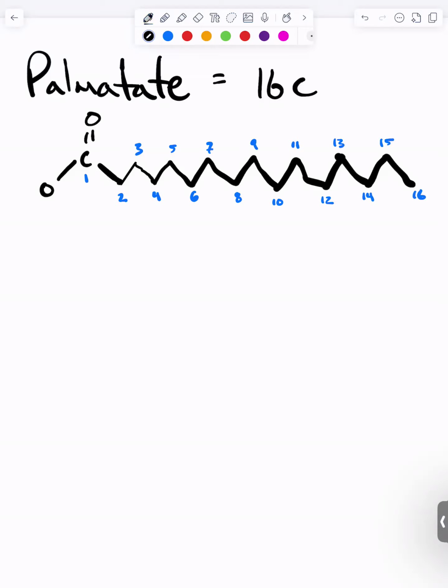Now, if we want to do beta oxidation, okay, we have a few steps of beta oxidation. What's the first step? What's the first reaction?